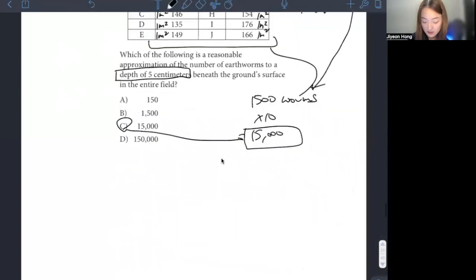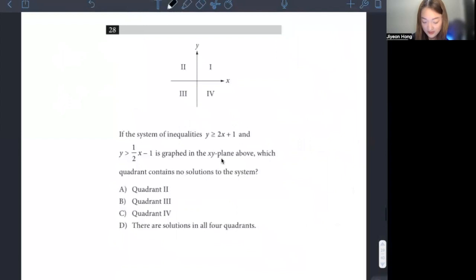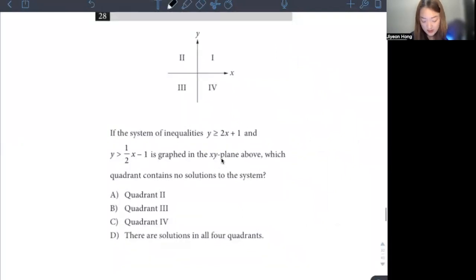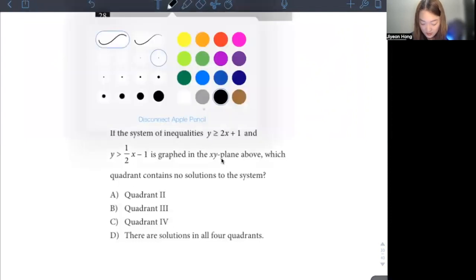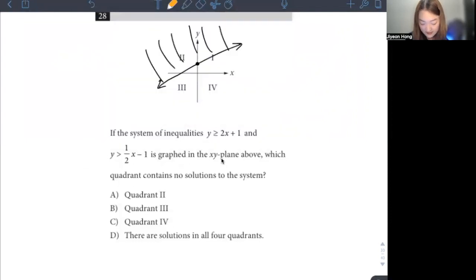Moving on to number 28, we have a system of inequalities, and which quadrant contains no solution. So I'm going to draw this out really quickly. y is greater than or equal to x plus 1, and then we have y is greater than 1/2 x minus 1.